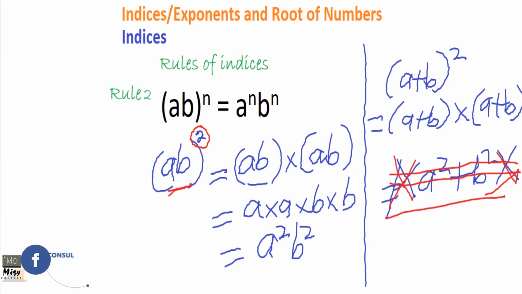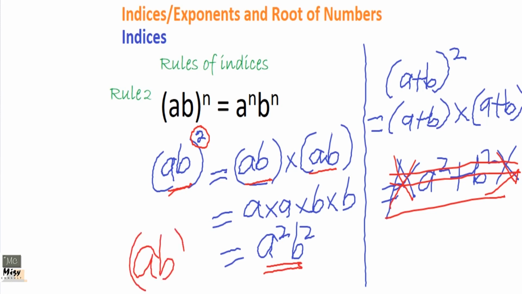Use a simple number and just replicate what you saw. So when you do this, you're going to get ab times ab. So it will be a times a, b times b. So you get a squared, b squared, meaning that if you have ab to the power 2, it will be a squared b squared. It will be distributed over them.